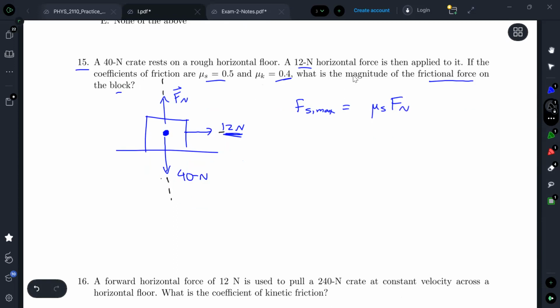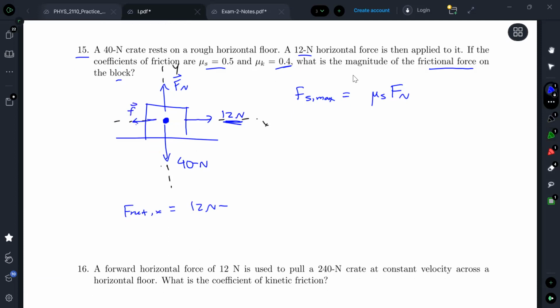My net force along the x direction is 12 newtons minus whichever type of frictional force we have here. I don't know if it's static or kinetic because I don't know if the 12 newtons is going to be able to get the block moving or not yet. So that's going to be 12 newtons minus F, and that's going to equal mass times the acceleration. If they're balanced, acceleration is 0. If they're not, the block does accelerate.